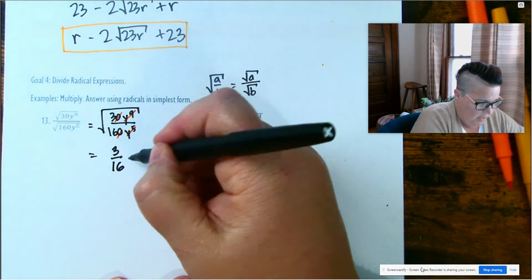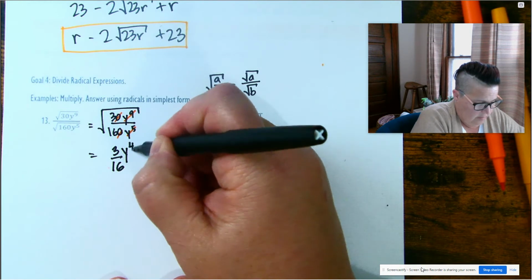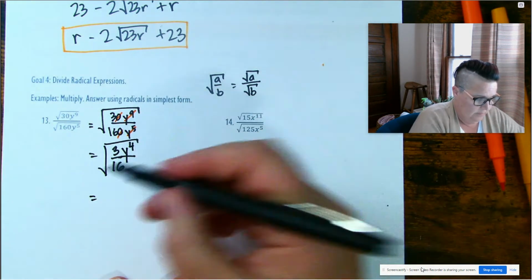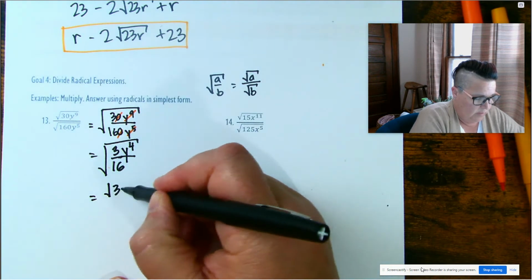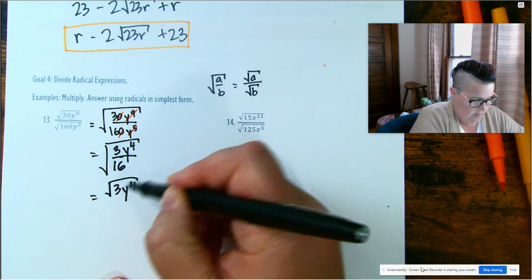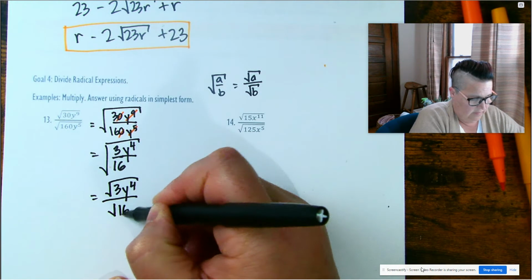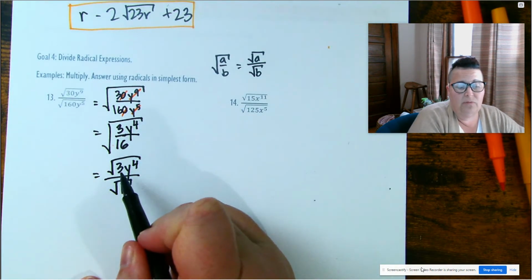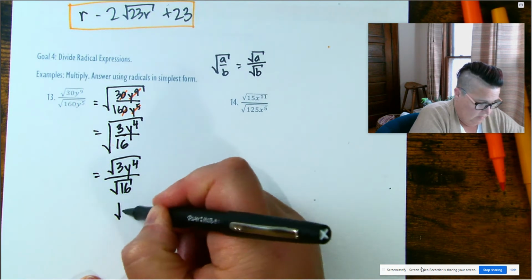That's going to be y to the fourth, and it'll be up top. And I need the square root of all of that. So this will be the square root of 3y to the fourth over the square root of 16. Well, the square root of 3 I cannot do, so that's just going to be the square root of 3.